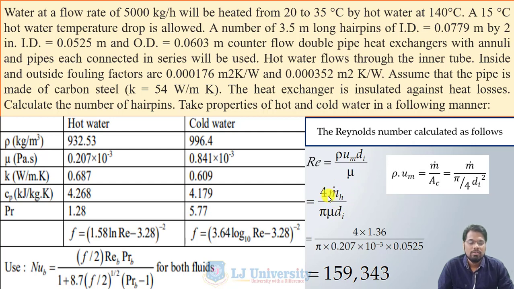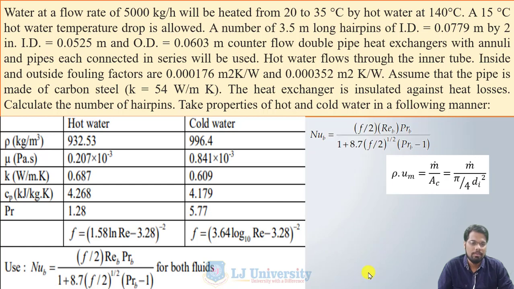We know the mass flow rate of the hot fluid, which is 1.36. This is pi, and the viscosity mu from this table is 0.207 into 10 raised to minus 3. This is the inner diameter, which is 0.0525 from the data. So solving this, we will get Reynolds number as 159343.